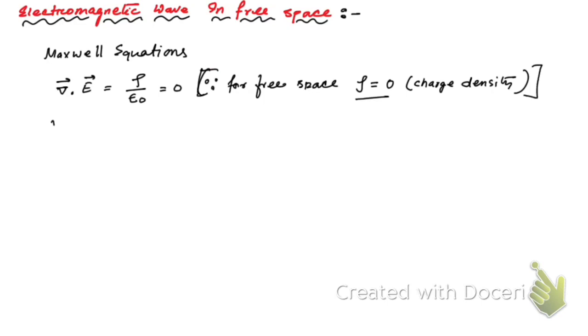And the next equation is del dot B is equal to 0, where B represents magnetic field and E represents electric field. Hope you know this. So vector E represents electric field and vector B represents magnetic field.